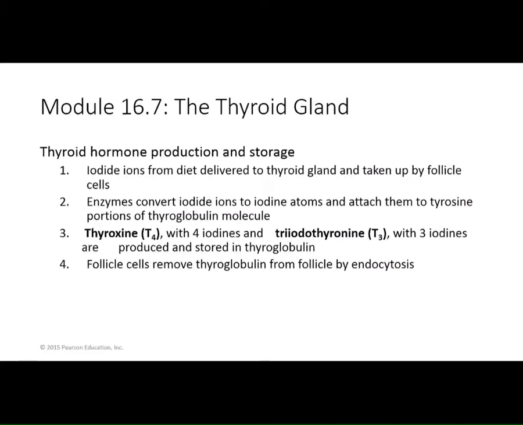Inside those colloids is where you're going to be making thyroxine, abbreviated T4, and also triiodothyronine, and that's T3. Now the 3 and the 4 only refer to the number of iodines. One of the reasons that we need iodine in our diet, and we get plenty of it because about 100 years ago, Mr.